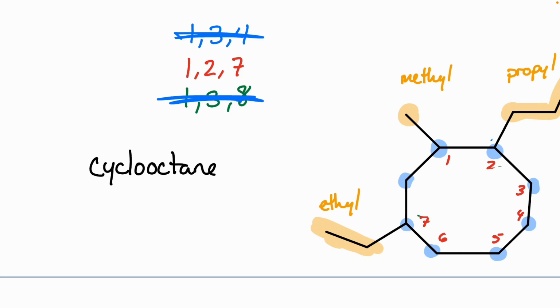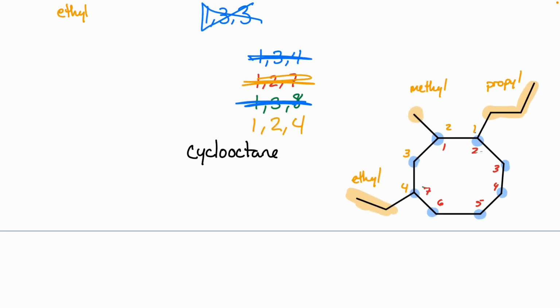And if I start at my propyl group, do I want to go clockwise or counterclockwise? Counterclockwise towards the other substituents. 1, 2, 3, 4. So now in orange I have a 1, a 2, and a 4. So which one am I going to go with? The orange one. Okay.